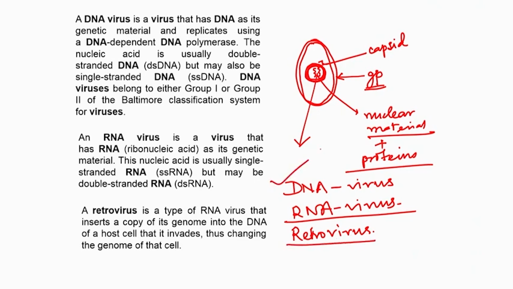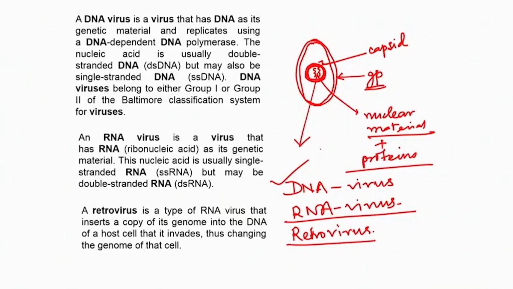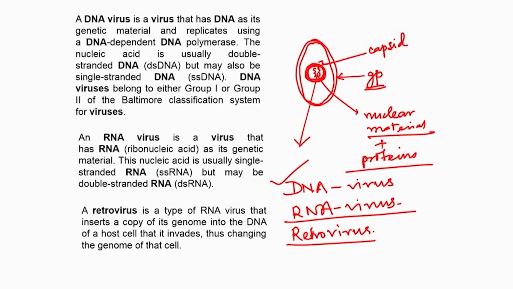DNA virus means, as the name suggests, that DNA is the nuclear material. The DNA may be present as double strand or single strand, both are possible. So, you have the double strand DNA virus, or you can have the single strand DNA virus. RNA viruses usually have a single strand, but RNA is the genetic material.